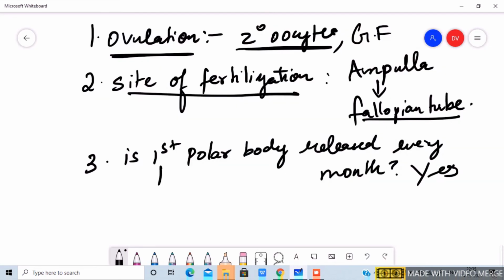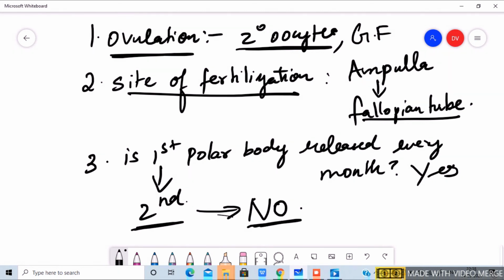But if they ask you, is the second polar body released every month, what is your answer? The answer is no. Why is it a big no? Because the second polar body is formed only when the secondary oocyte completes its meiosis 2. Once it is ovulated, it is arrested in metaphase 2 of meiosis 2.